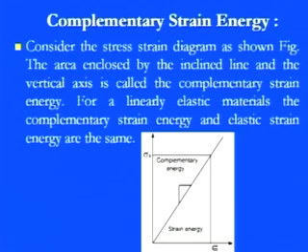Consider the stress strain diagram as shown here. The area enclosed by the inclined line and the vertical axis is called the complementary strain energy, and for a linearly elastic material the complementary strain energy and the elastic strain energy are the same.